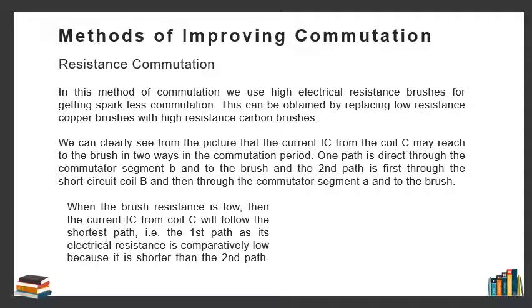When the brush resistance is low, the current IC from the coil C will flow through the first path, as its electrical resistance is comparatively low because it is shorter than the second path.